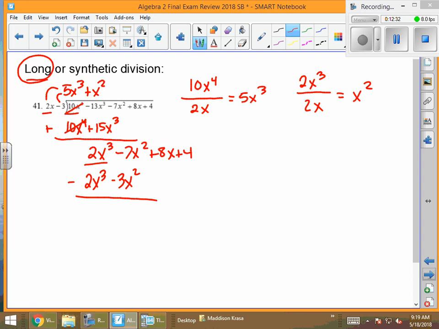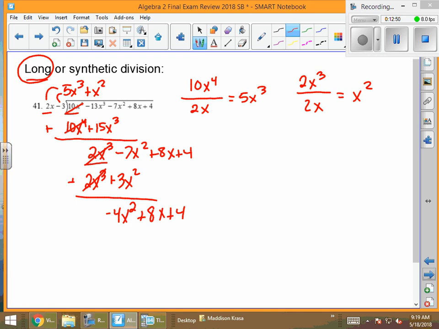But we're doing subtraction. So our first terms will cancel out. And then we have negative 7 plus 3 is negative 4x squared. And then we bring down the rest.